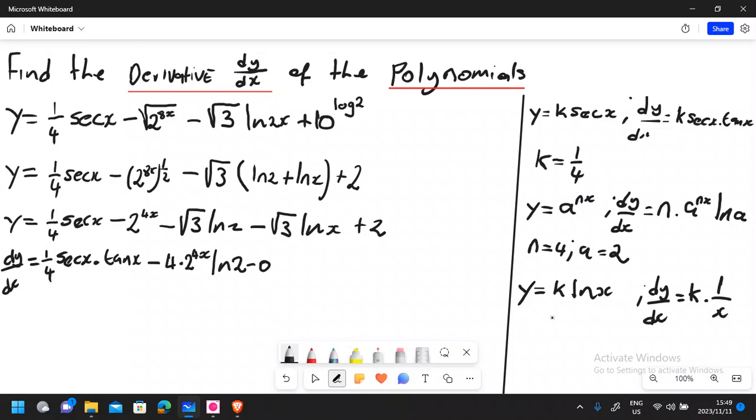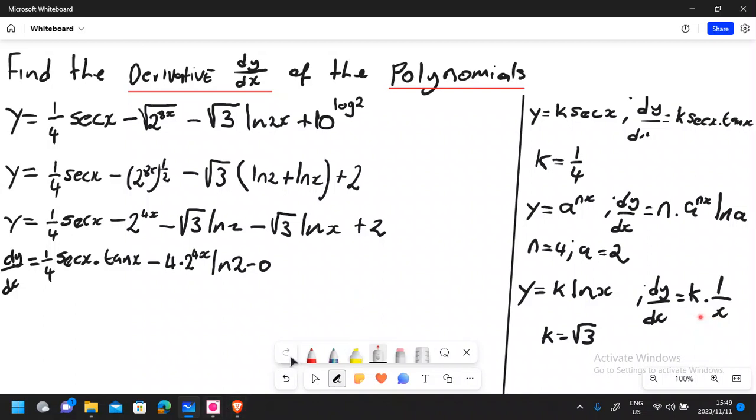Right now we know what k is here. Our k is negative, in fact it's root 3. Okay, let's look at this. This k, this is our k here, it's the coefficient of the function. This k here is root 3. So I hope you can see, guys. Now we have to substitute this formula here when we find the dy over dx for this one.